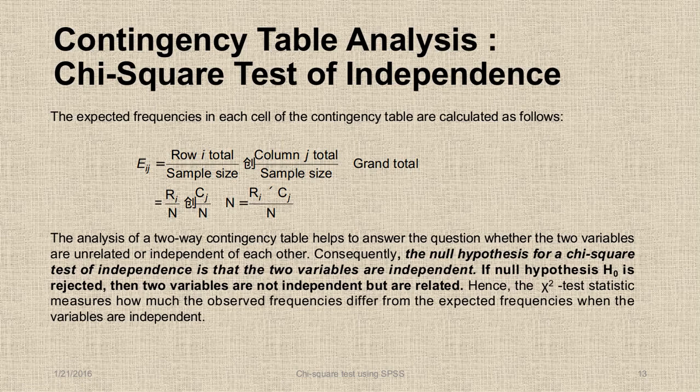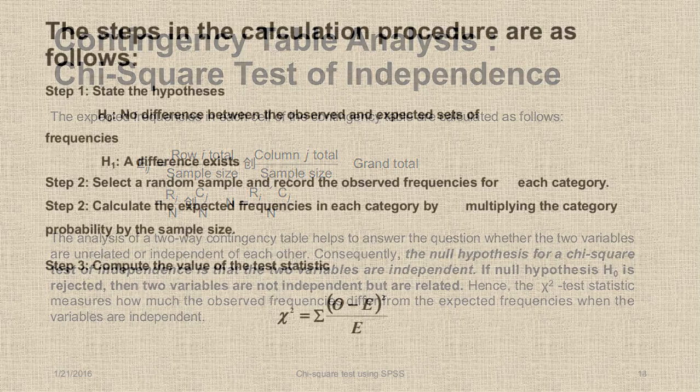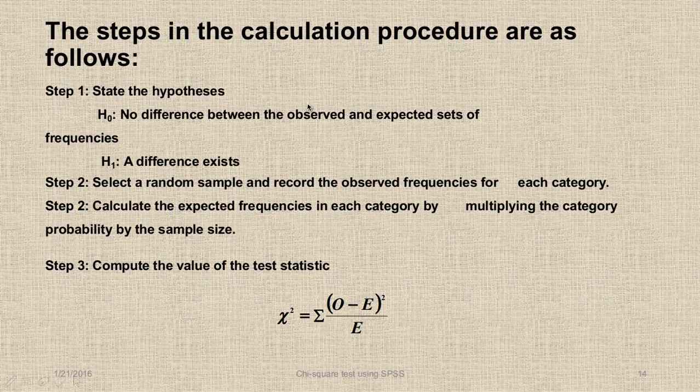Now once we are in a position to get the observed and expected frequencies for the different cells of the contingency table, we can apply the chi-square test in the form of these steps. First step is stating the hypothesis. In chi-square test, we always take the null hypothesis as no difference between observed and expected sets of frequency, against the alternative that there exists a difference between observed and expected sets of frequency.